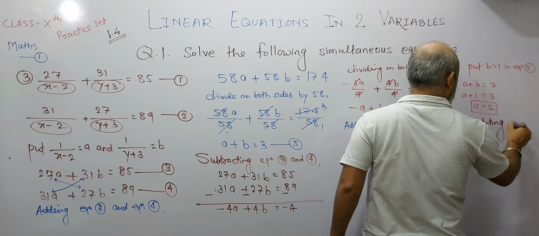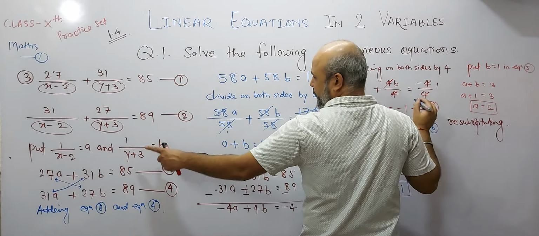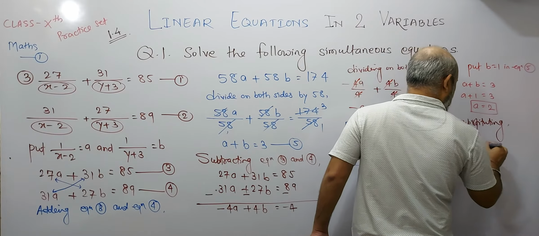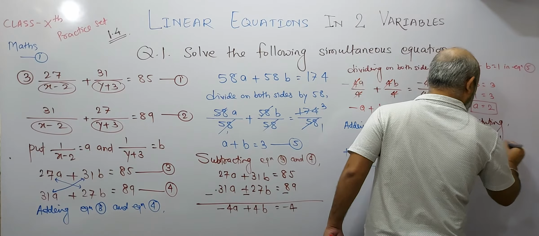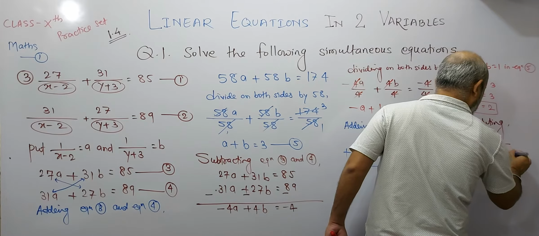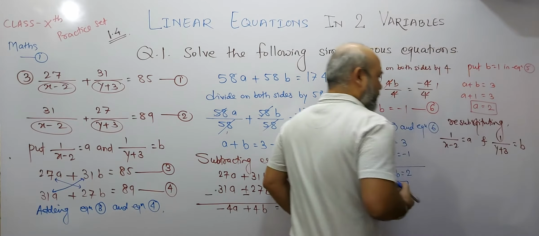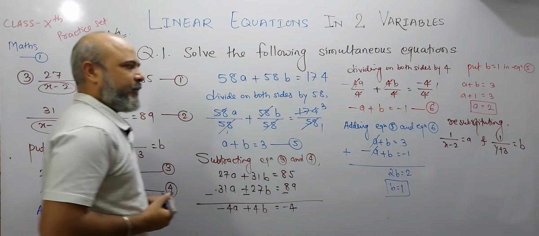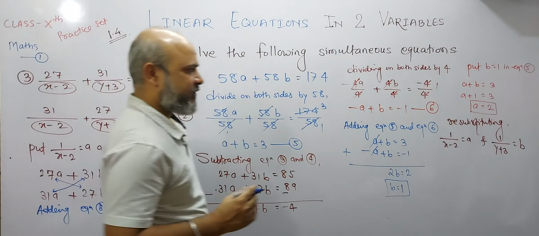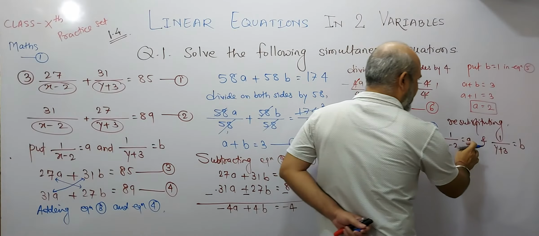When you resubstitute, you will write 1 upon x minus 2 is equal to a, and 1 upon y plus 3 is equal to b. Now you are resubstituting. So what is a? a is 2.